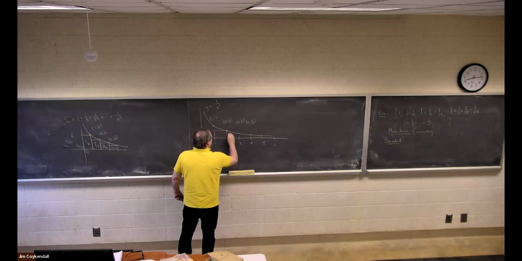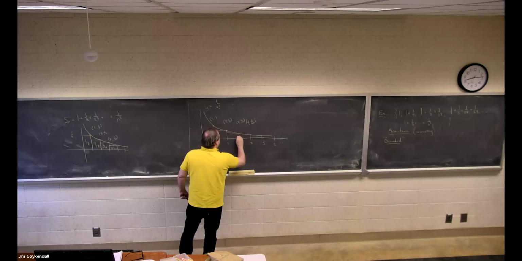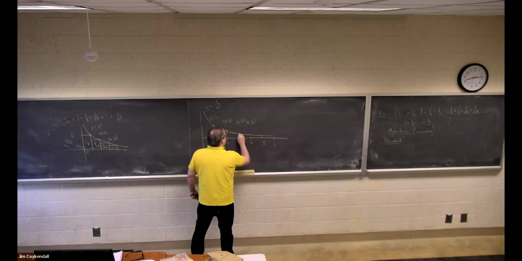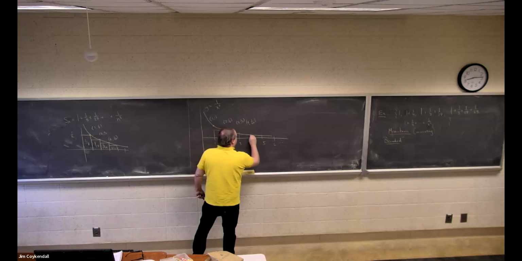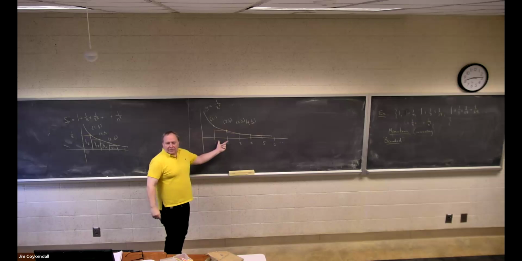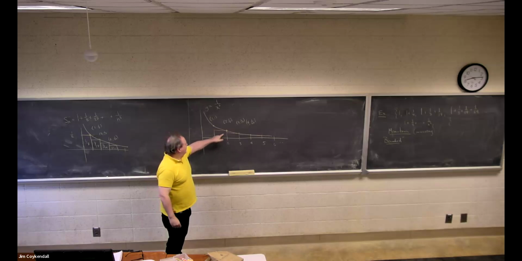I'm going to make some boxes that look like this by connecting the right-hand endpoint of every interval. So the width of this box, for example, is 1, and what's its height? 1/8, right? So the total area should be 1/8.